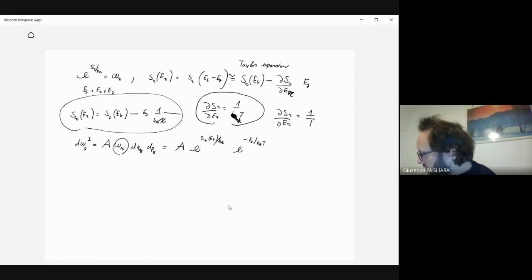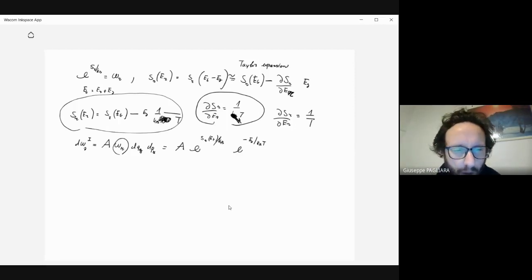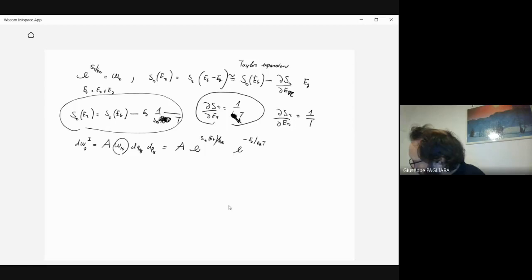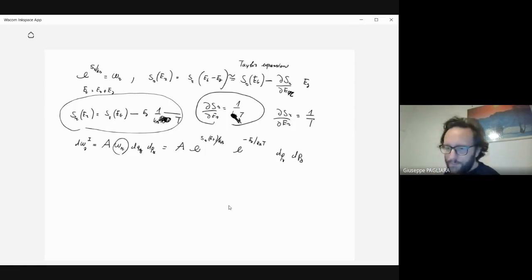It's just T. Yes, that should be correct now. Then I divide by KB, and so now minus ES over KBT. Good. Then I have the dqs and dps.